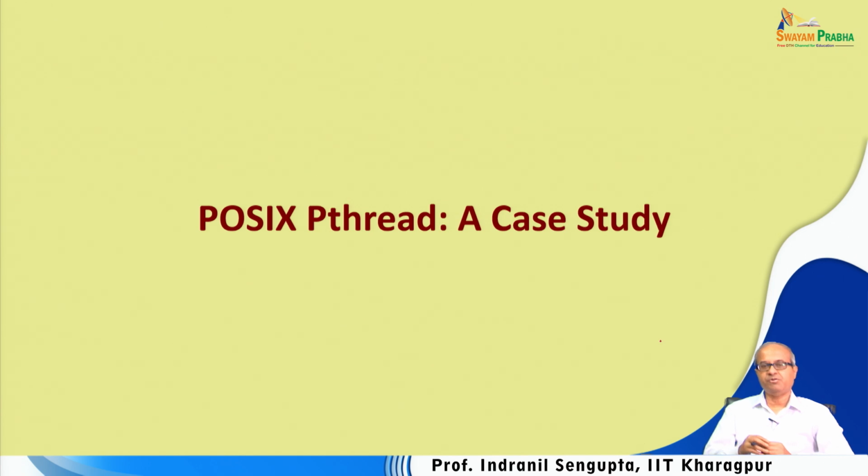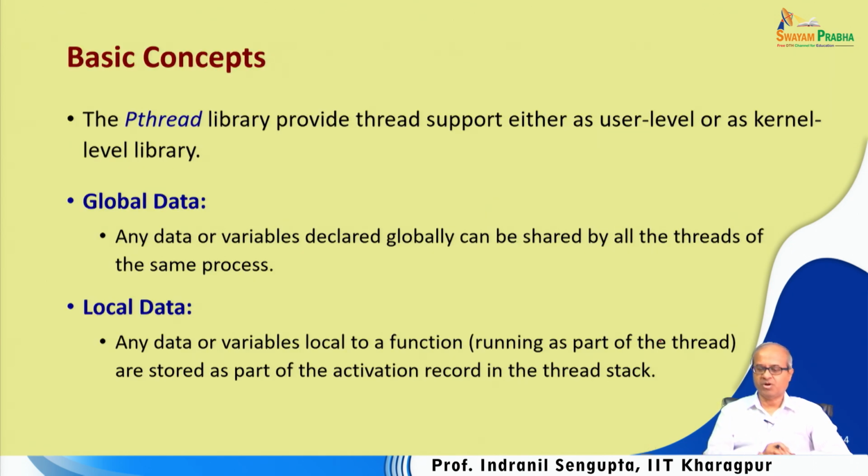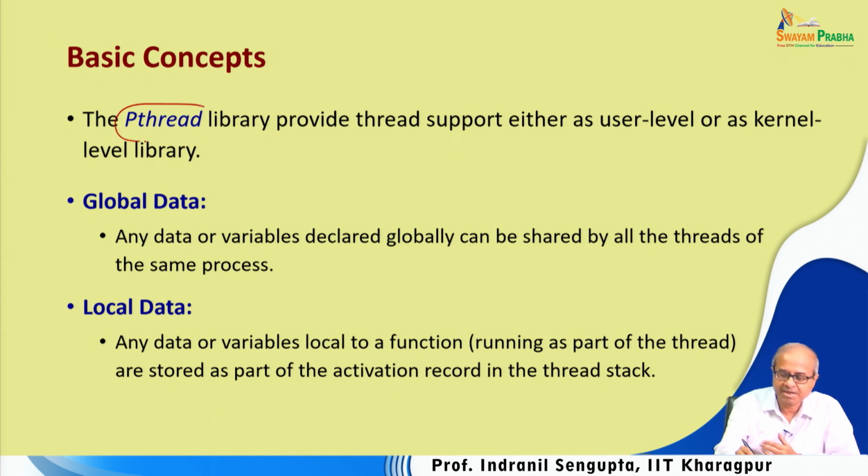Now, let us look into a specific case study. POSIX pthread supports kernel level thread as well as user level thread, so the examples that we shall be showing will be for user level thread. Let us see what this POSIX really is. The pthread library, this is the name of the library, contains a number of functions that you can call from your given application.